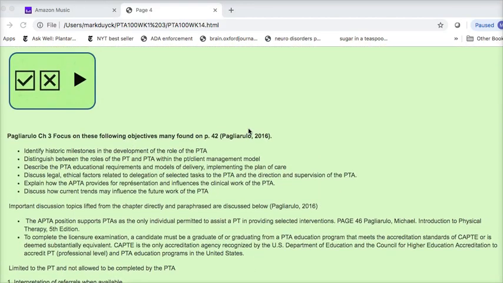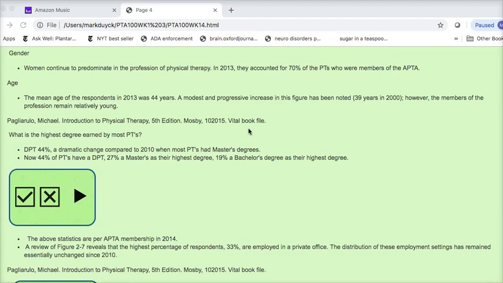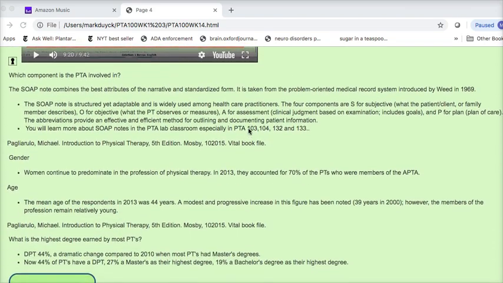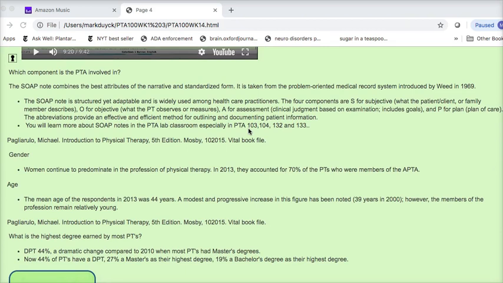Chapter 3 is a big chapter, and it's a chapter that I would want you to pay attention to because it is a chapter written about the PTA.